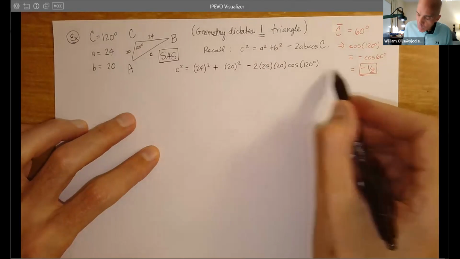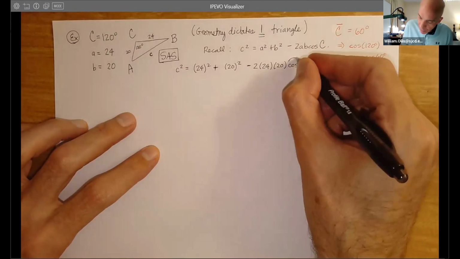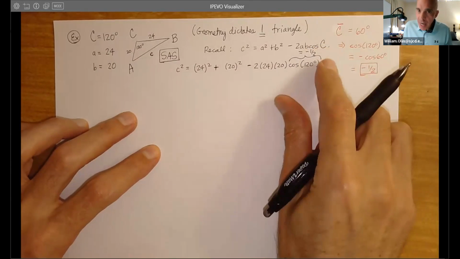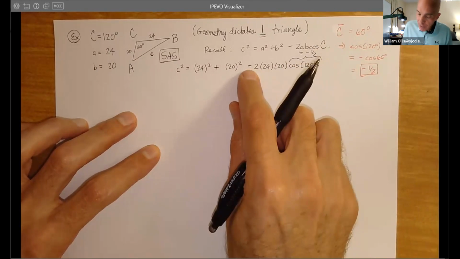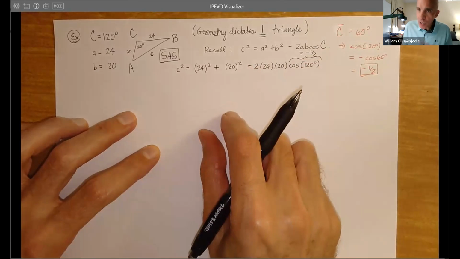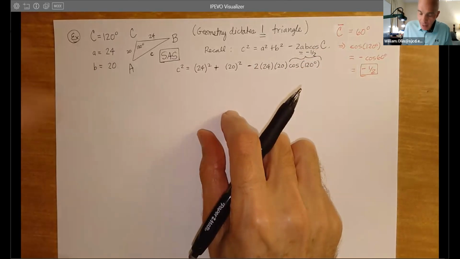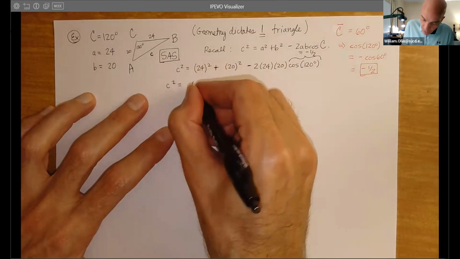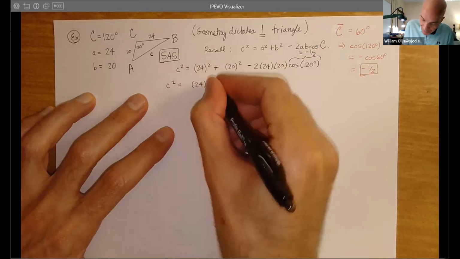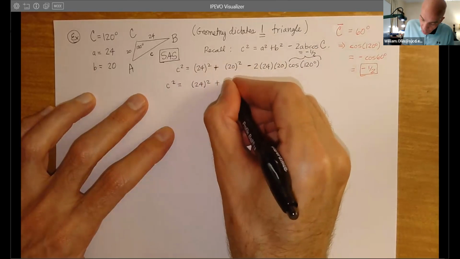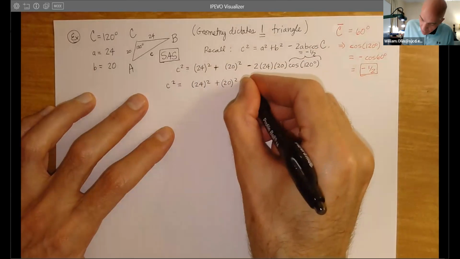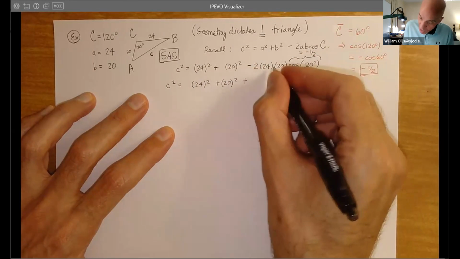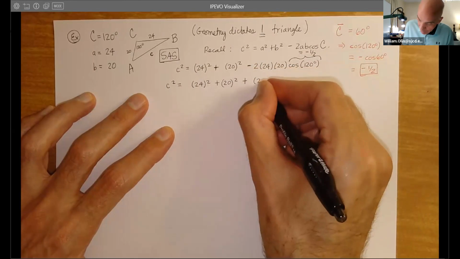So now notice we've got the negative 1/2 here. And the negative 1/2 will absorb the negative here, and the 2 times the 1/2 is just 1. So that's nice. So we have C squared equals 24 squared plus 20 squared plus, now the negative 2 and the negative 1/2 absorb, and we just have 24 times 20.